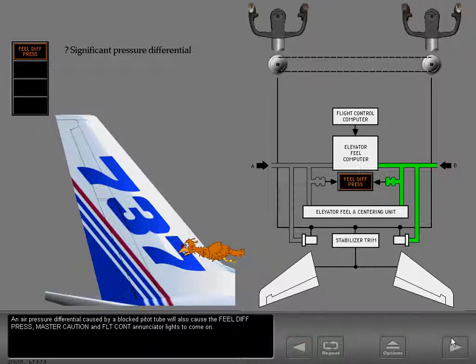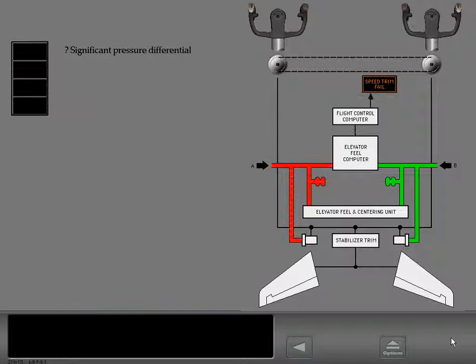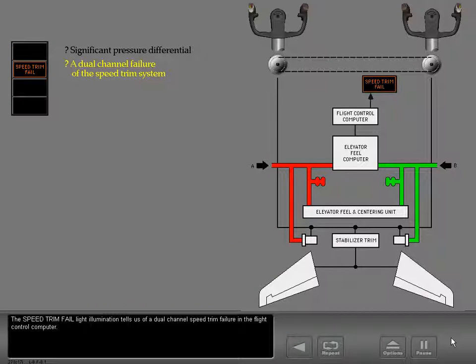An air pressure differential caused by a blocked pitot tube will also cause the feel differential pressure, master caution, and flight control annunciator lights to come on. The speed trim fail light illumination tells us of a dual-channel speed trim failure in the flight control computer.